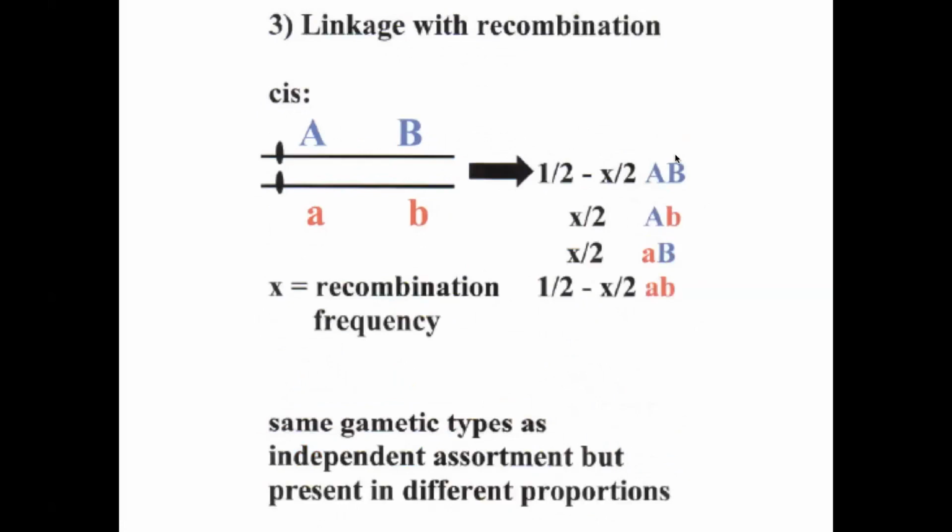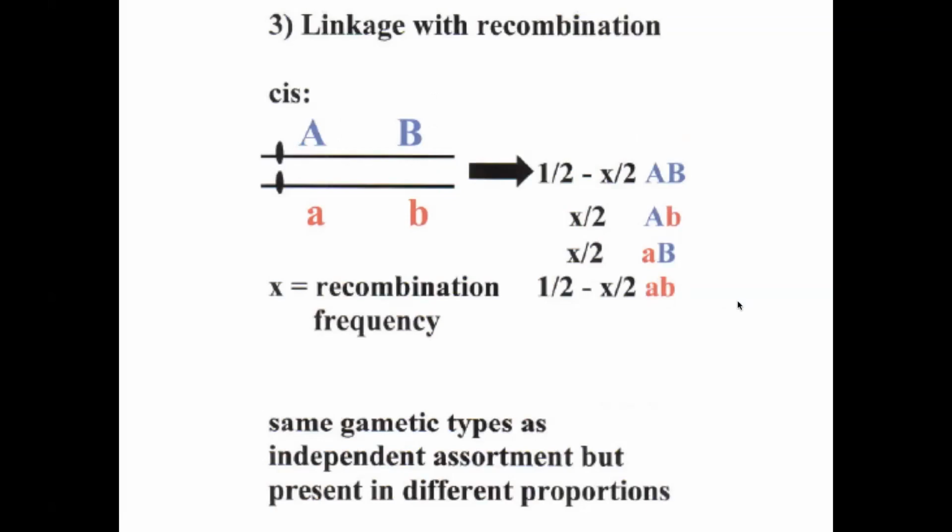So what does that mean? Again, the parental non-recombinant types are, remember, cis linkage, so it's big A, big B, and little a, little b. The frequency of those gametic types will be 1/2 minus x over 2, where x is equal to the recombination frequency. And again, we use x because recombination frequencies can vary. The distance between any two linked genes can vary.